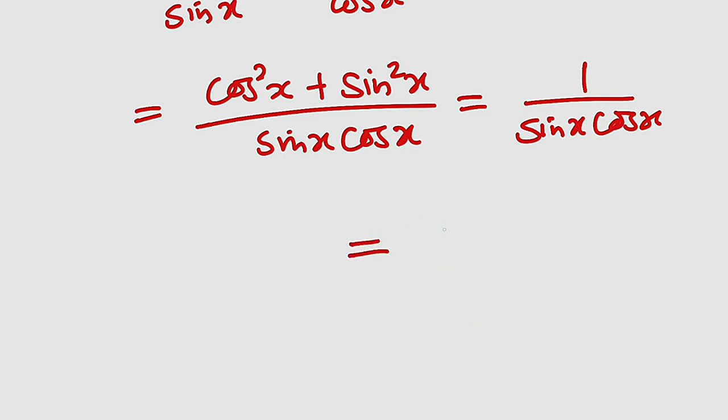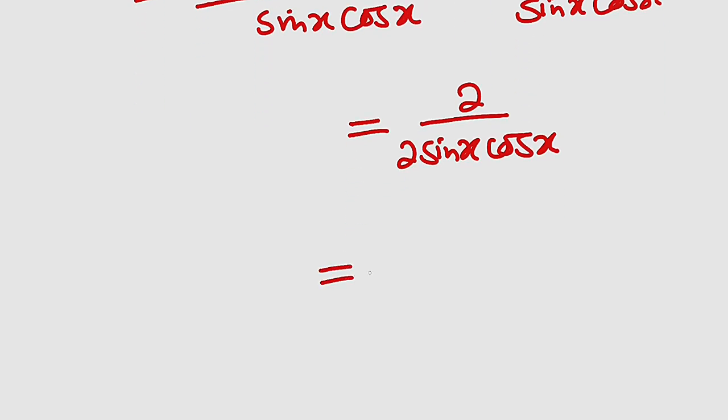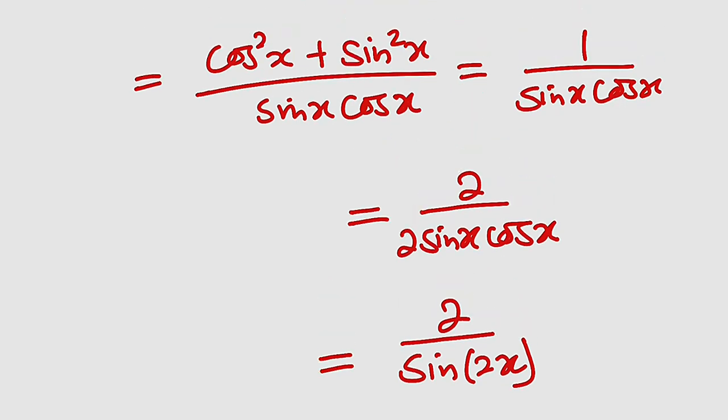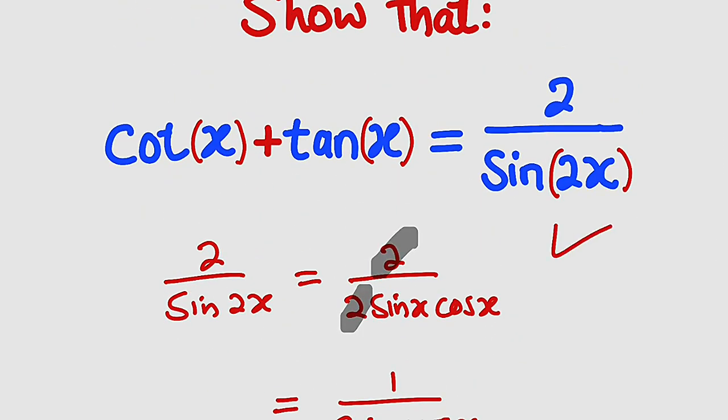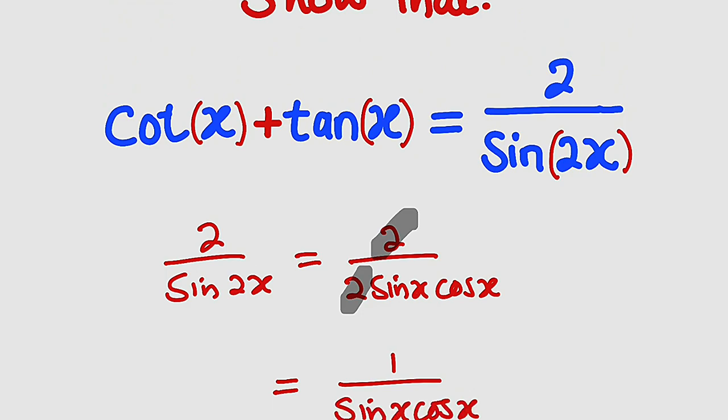So now we can write this as 2 divided by 2 sine x cosine x. Multiplying the top and the bottom by the same value will not change it. They are just equivalent, right? So to the bottom, we have sine 2x. This is 2 divided by sine 2x, which is exactly our right hand side, which is this one, 2 divided by sine 2x.